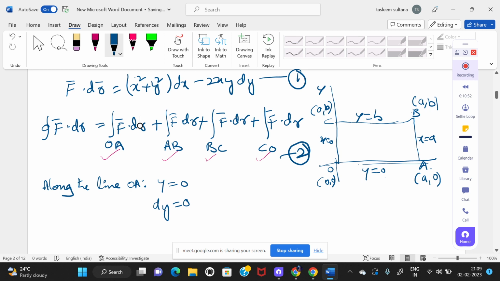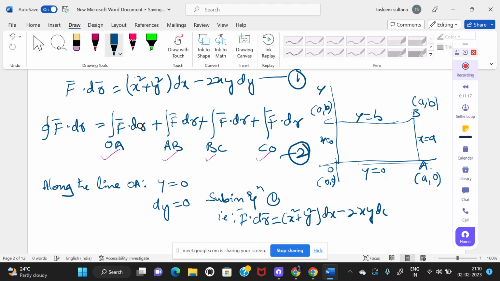Substitute those values into equation number 1, that is F vector into dr vector, which is equal to x square plus y square into dx minus 2xy into dy.